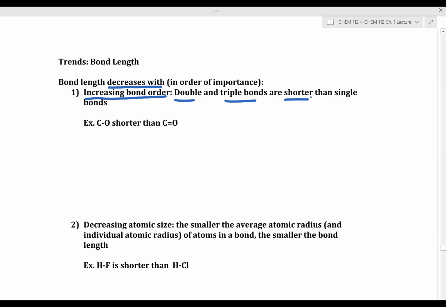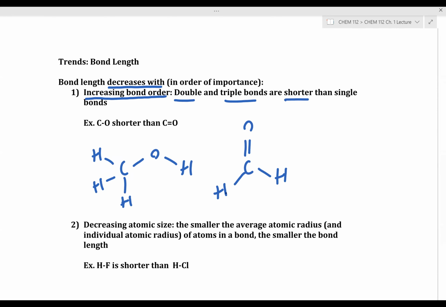So for example, if we looked at the carbon-oxygen bond in something like methanol, and we compared it to a carbon-oxygen bond in formaldehyde, which of these two bonds would we expect to be shorter, the single bond or the double bond? Double bond. So the double bond is shorter.